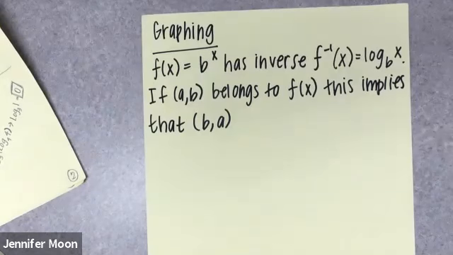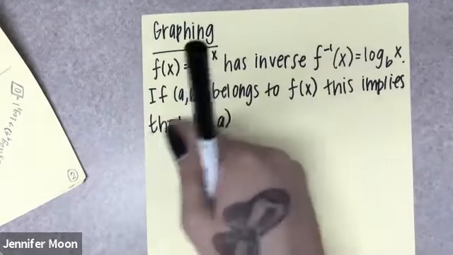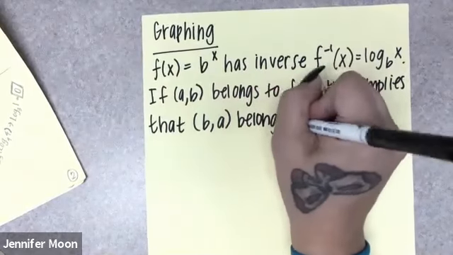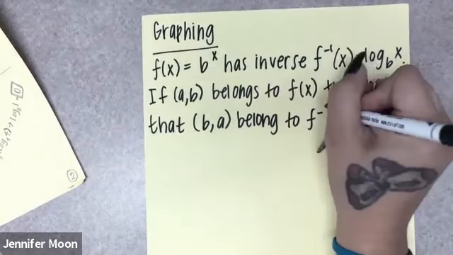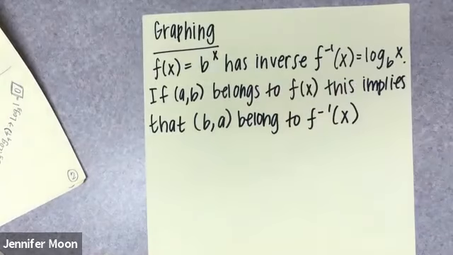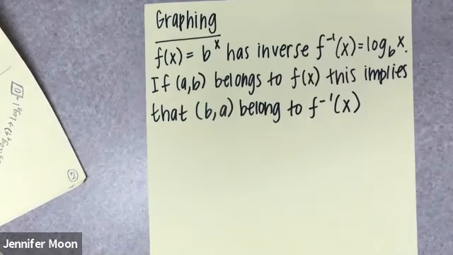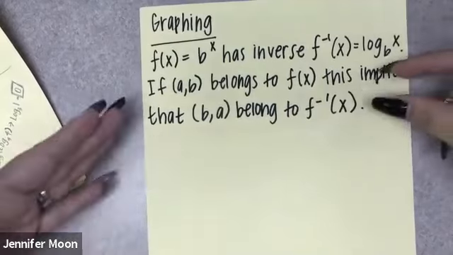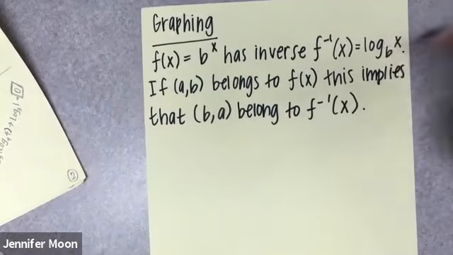So this implies that b, comma a belongs to the inverse. Both of those two sentences said the exact same thing. This one is saying they're inverses because this happens, and this one is just stating a fact.